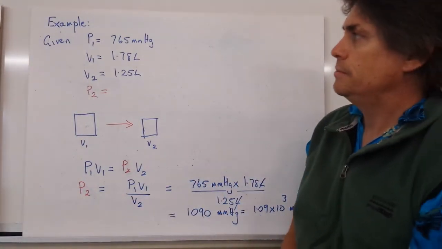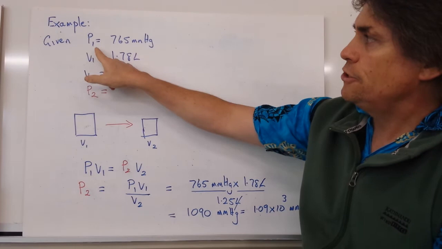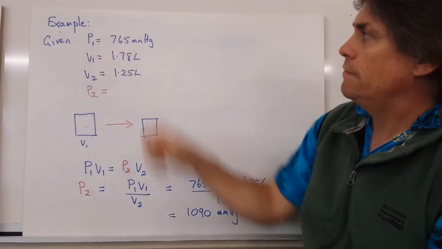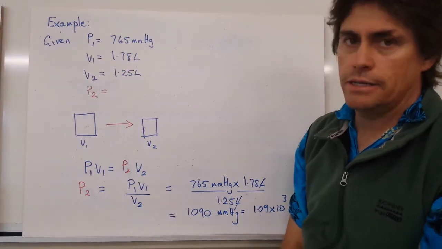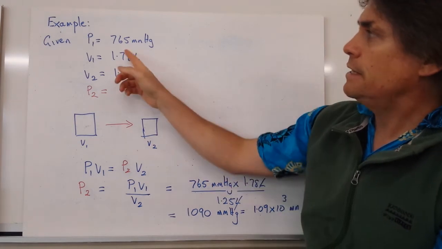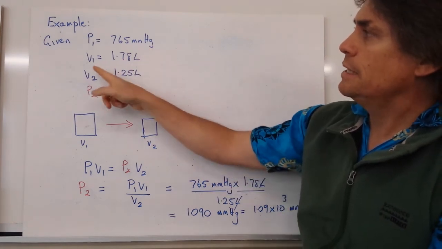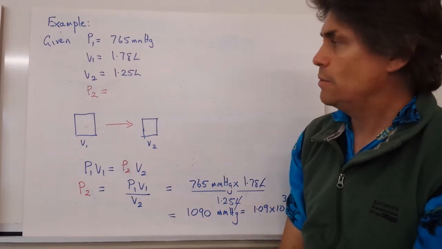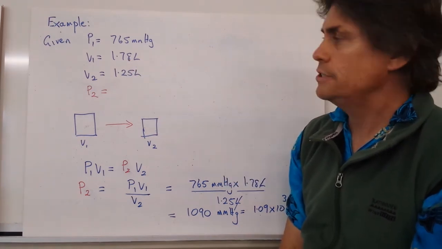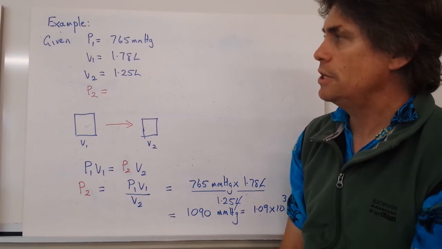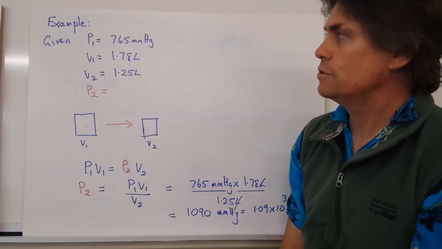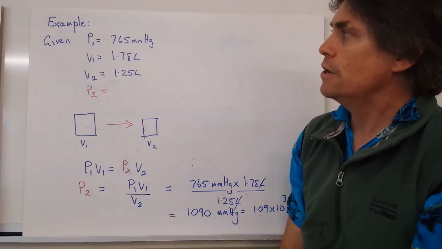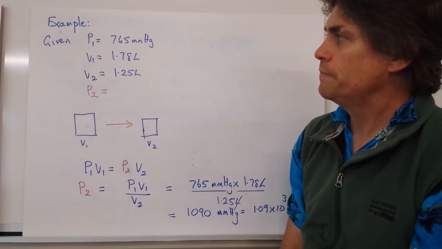Let's take an example. Let's say that we're given an initial pressure of 765 millimetres of mercury, and in a closed system, that particular gas occupies a volume of 1.78 litres. Once again, we don't have a change in temperature, and we don't have a change in mass or amount of gas in there, so we can look at this relationship.